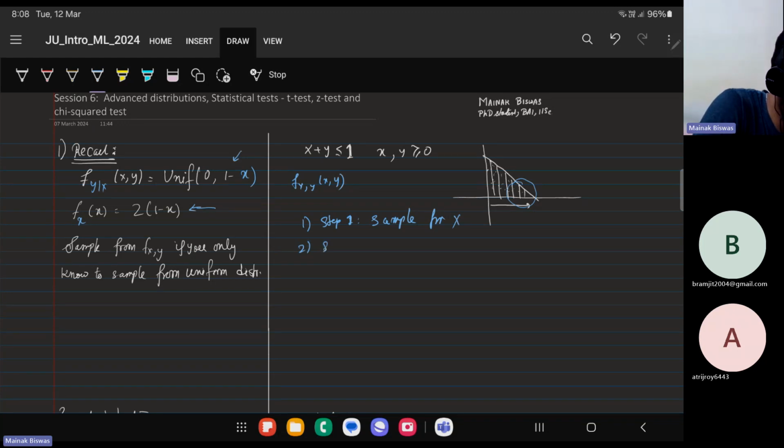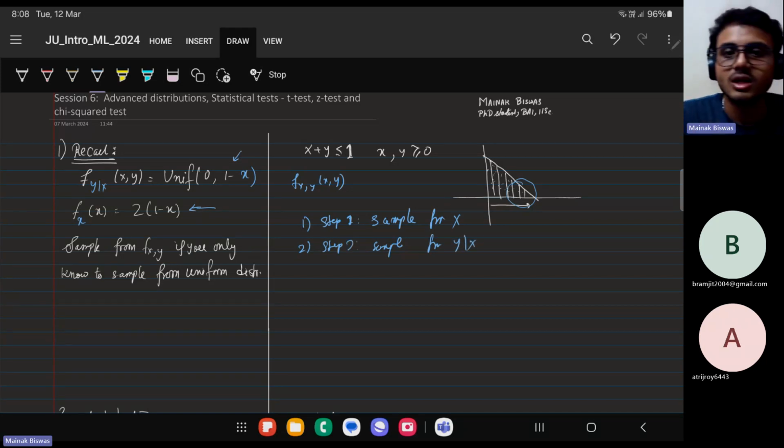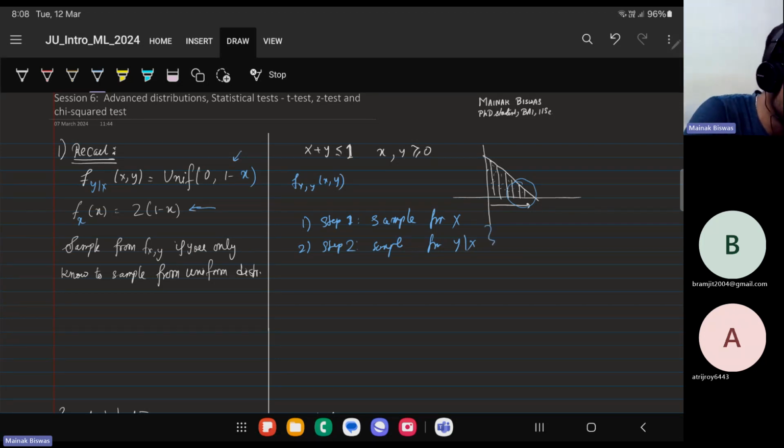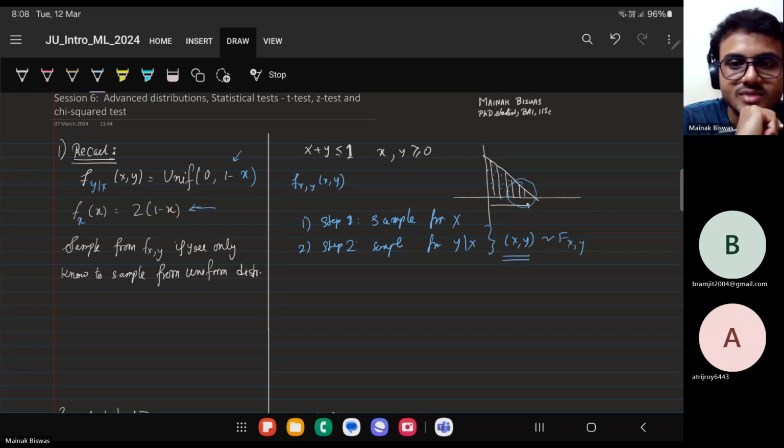And then step two would be sample from y given x. Any doubt? If you have doubt, you ask, or else I'll just do the math. So these two steps, if you do, you will get (x, y) as a sample from f(x, y). That's the idea.